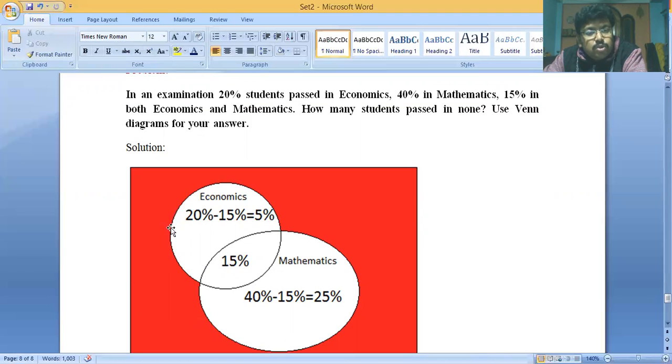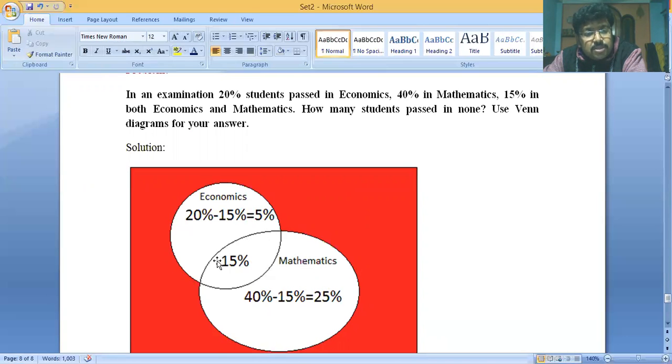This is the Venn diagram, with mathematics and economics. This whole is the 20%, and 40% is mathematics, so this whole is the 40%. There is a common set of students who passed both economics and mathematics, that is 15% as given. So this portion is the intersection, where both are considered.